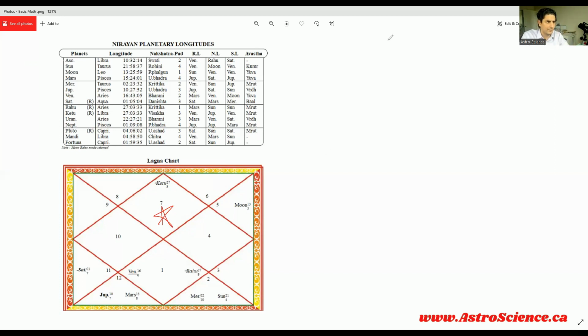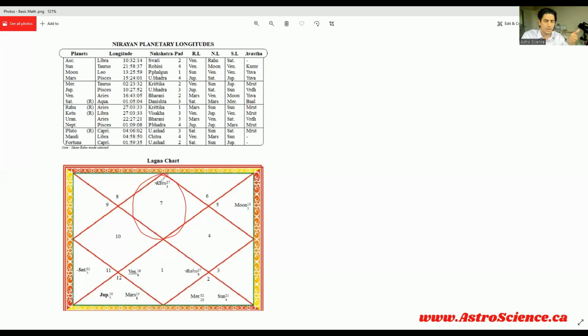That's your rising sign. Since Libra is ruled by the planet Venus, Venus is the lord of the first house. You can say the planet Venus is your ascendant lord, your first house lord. The first house is right over here.